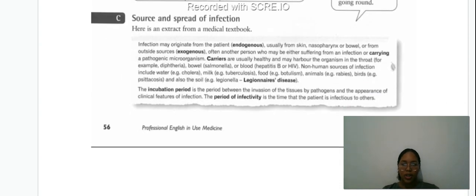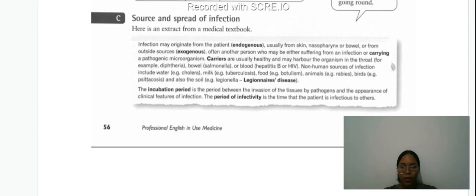C. Source and spread of infection. Infection may originate from the patient, usually from skin, nasopharynx, or bowel, or from an outside source. Often, another person who may be either suffering from an infection or carrying a pathogenic microorganism. Carriers are usually healthy and may harbor the organisms in the throat or blood.